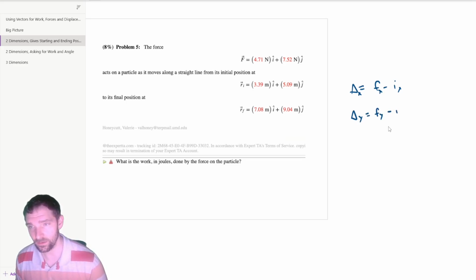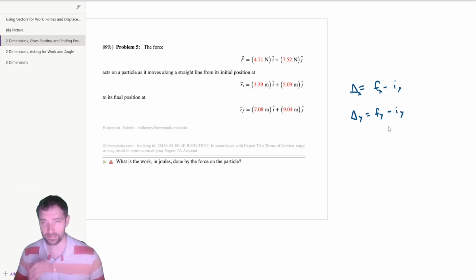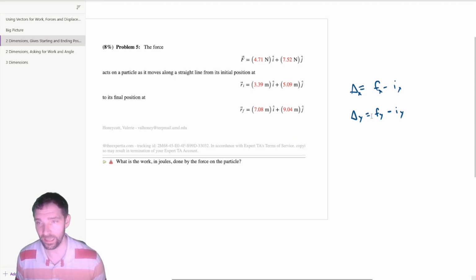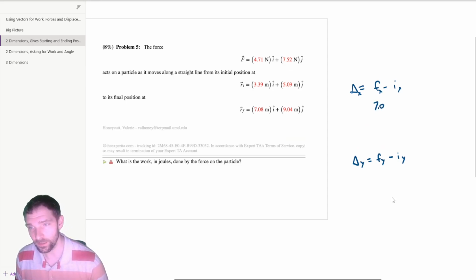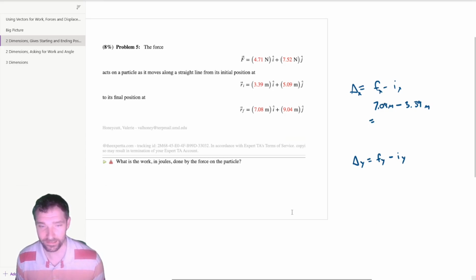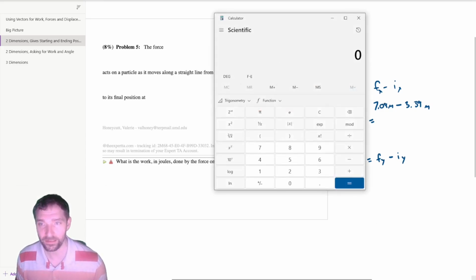We just need to look at these positions in the x-axis and in the y-axis. So if we're looking at the change in the x, I'm seeing that its final is 7.08 meters, and its initial was 3.39 meters. So we can get that displacement in the x-axis pretty easily by doing that combination.